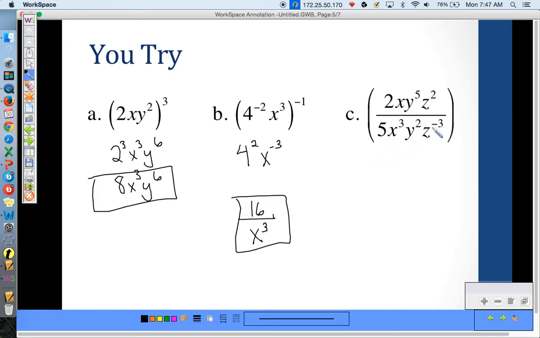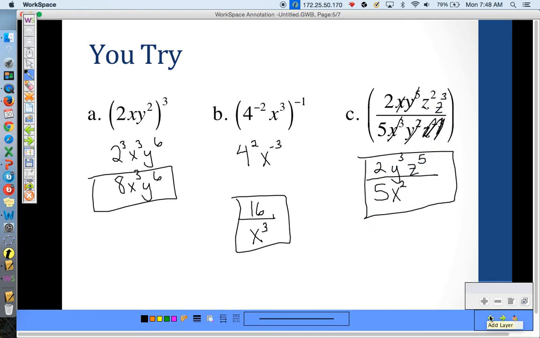Well, first thing I'm going to do is rewrite, z to the 3rd would go up here. So 2/5, that can't simplify. But let's see, x and x, so there's x squared on the bottom. Y's, 5 and 2, so y cubed in the numerator. And there'd be z to the 5th.